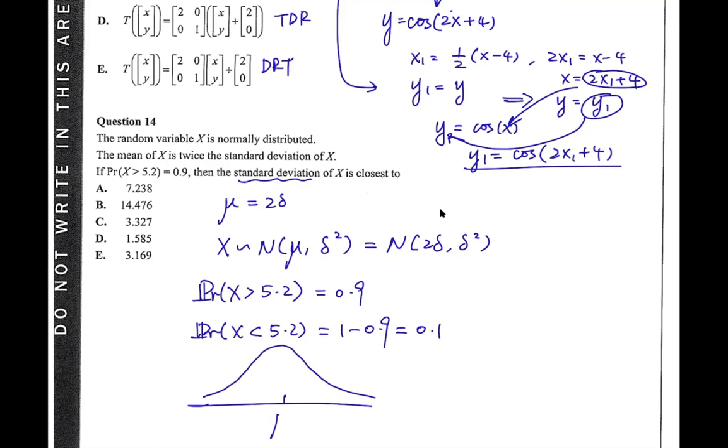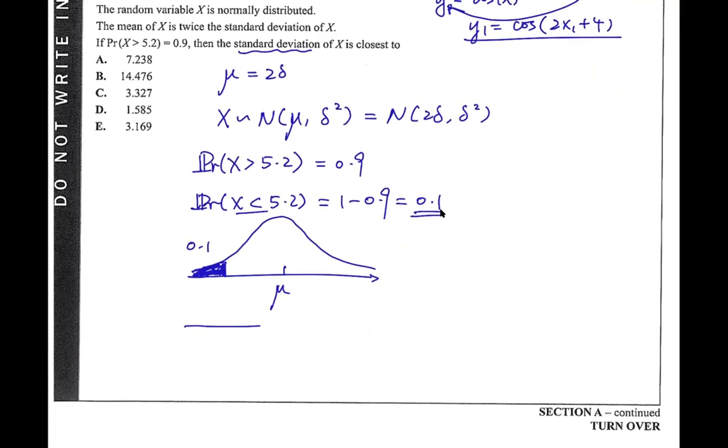Here comes your mu, and because it's less than 0.5, the probability area should be roughly here. Magnitude 0.1. Now I want to figure out its z value. This is your x. This is 0. This is z for 0.1.